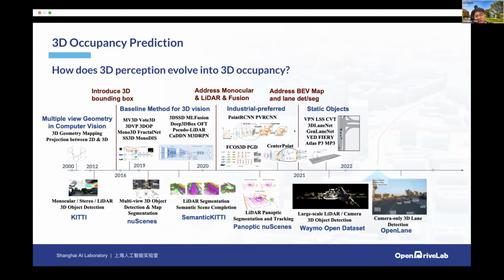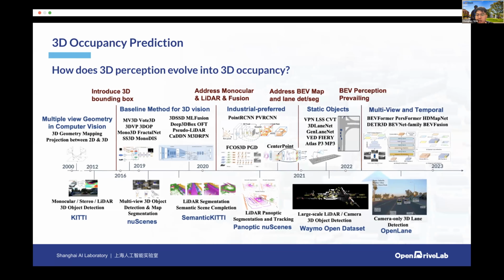After 2021, academics started to shift attention to BEV map and lane detection and segmentation. These are the static objects on the road, instead of dynamic objects like cars, trucks, and pedestrians. Meanwhile, on the dataset side, we have the Waymo Open Dataset and OpenLane released, which are larger-scale LiDAR and camera 3D object detection datasets for academia.